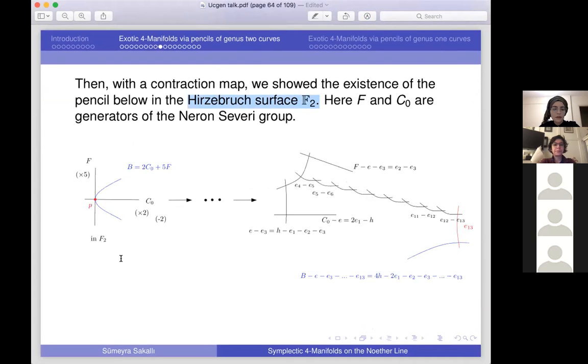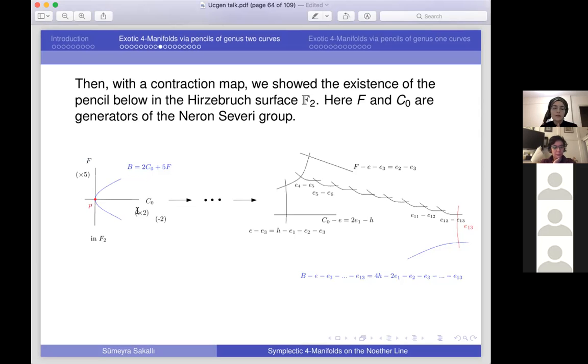I showed the existence of this pencil. And here C0 is the -2 sphere section, and F is the class of the fiber. It is another sphere. And I take them with certain multiplicities, and I consider their formal sum.